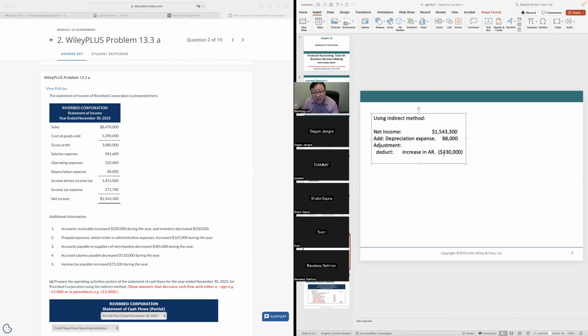Inventory decreased. Inventory decreased, what does that mean? So a decrease in inventory. So you are selling stuff, right? When you are selling stuff, your inventory will decrease. You're going to receive cash, right? So this is the time you receive cash.